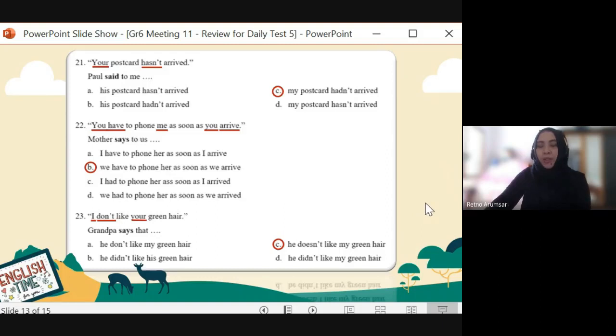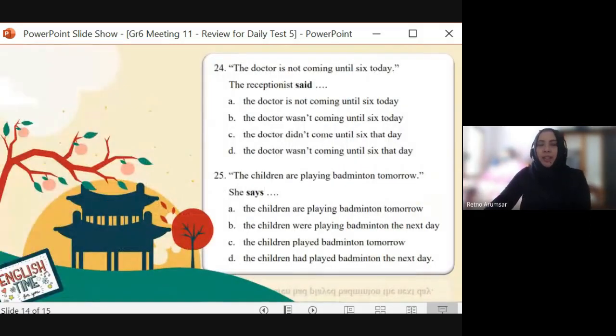Then you can decide what to do with the reported speech, how to change direct speech into indirect speech. That's the key. You always look at the saying verb words first.